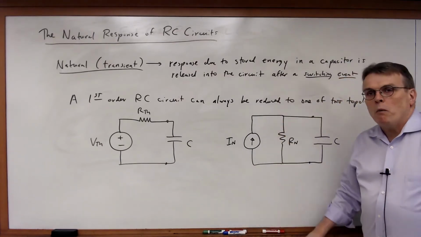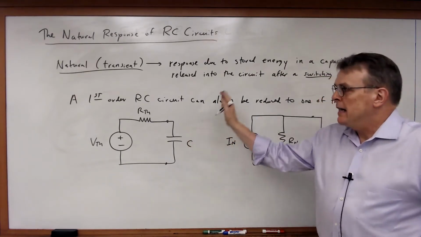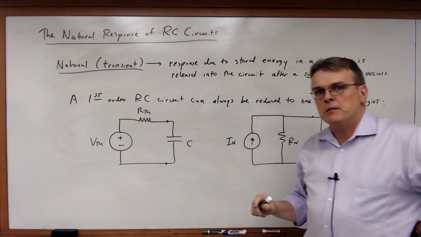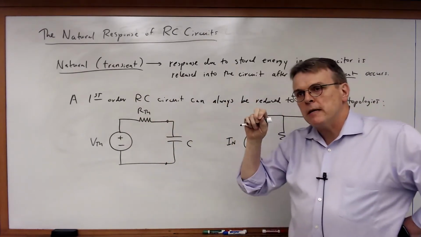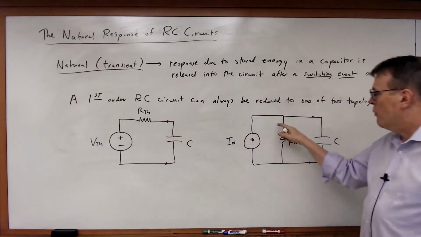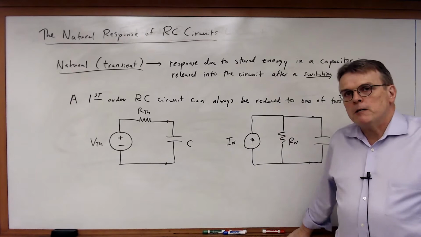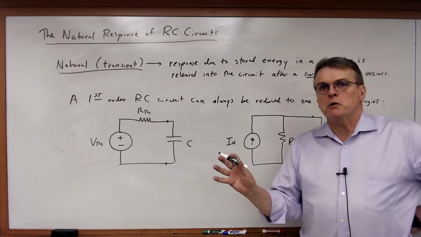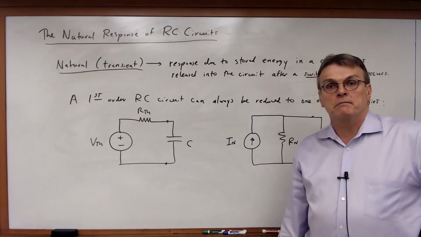So it doesn't matter what circuit I start with. If it has a capacitor in it and it's composed of other circuit elements, I can always take those other circuit elements and reduce them down to either a Thevenin or a Norton equivalent circuit. Which means that once I do that transformation, no matter what kind of circuit I start with, I can use the same math to describe every circuit.